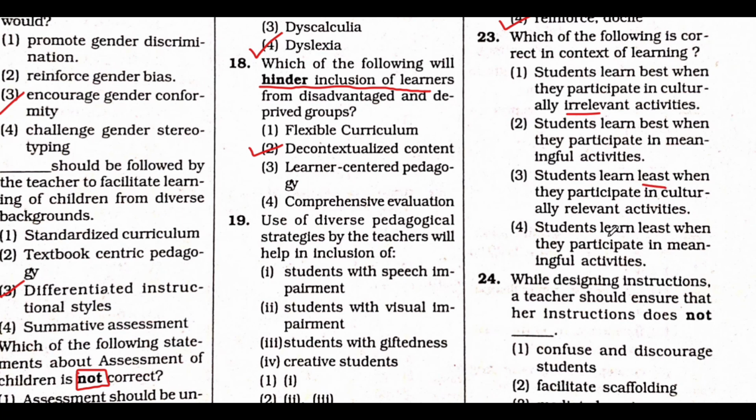See, least, here also irrelevant. So which one do you think will be the correct answer? Of course, the second one is the correct answer. Meaningful learning teaches students important social, cultural, and interactive skills they will use throughout their life. So as we know, students will be using these types of skills throughout their life, right?